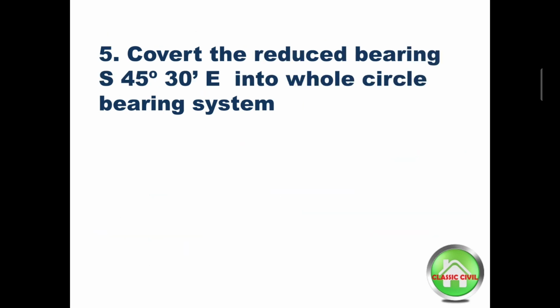Question number 5. Convert the reduced bearing south 45 degree 30 minute east into whole circle bearing system. Answer. We have to convert the reduced bearing into whole circle bearing.